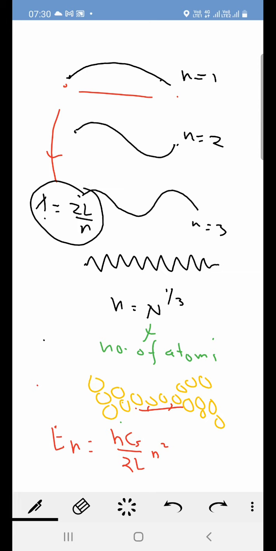In this case, n is equal to 1. So the minimum wavelength, lambda min, is equal to 2L. L is nothing but the distance between two atoms. So these two gold atoms are sitting here, and the distance between them gives the minimum wavelength of the phononic mode.